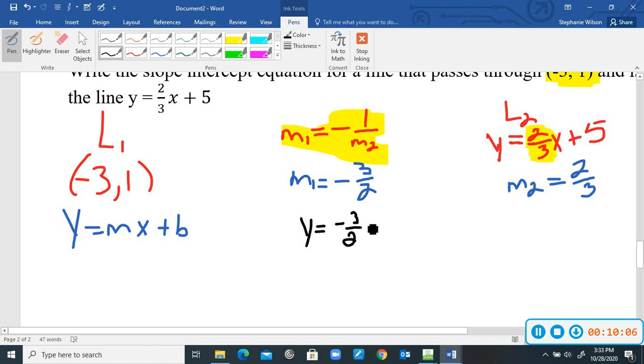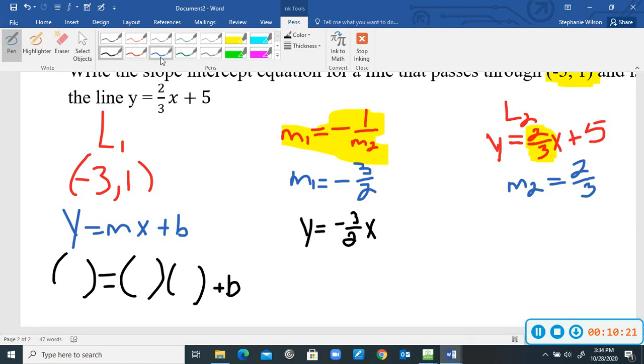Now I just need to figure out what b is. So what I'm going to do is plug in everything I know. Okay, so I know that y is 1. My slope is a negative 3 halves. And my x is negative 3.